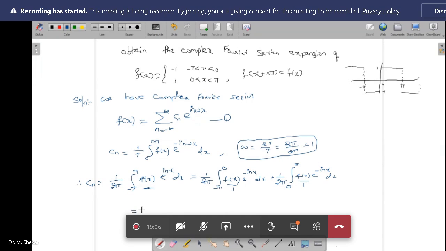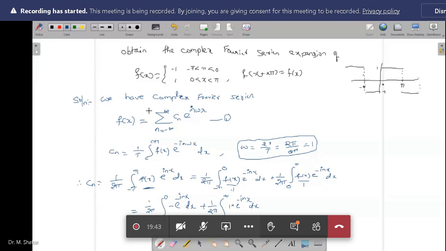So that is 1 by 2 pi, integration from minus pi to 0 of negative e power minus i n x dx, plus 1 by 2 pi integration from 0 to pi of 1 into e power minus i n x dx.